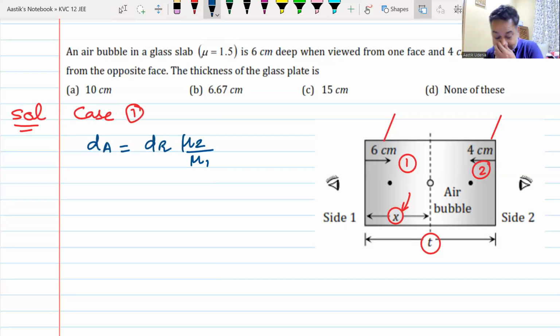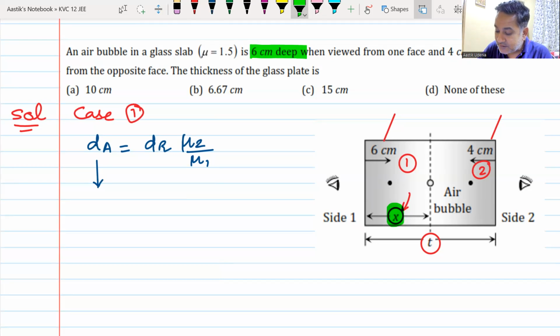I put the formulas very correctly. What is my apparent depth here? X, my dear friend, is the real distance. Do you understand this? What I see is the apparent one.